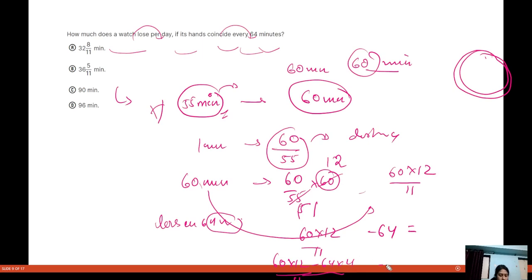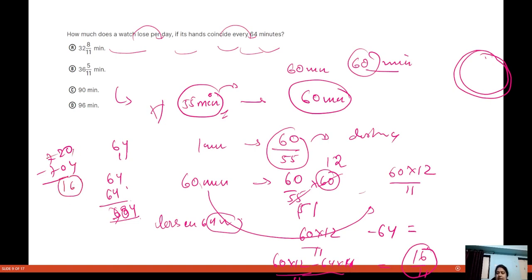When you do this, you'll actually get 16 by 11. You can check this, because this will become 720 and this will become 704. So when you subtract 720 minus 704, you will get 16 by 11.